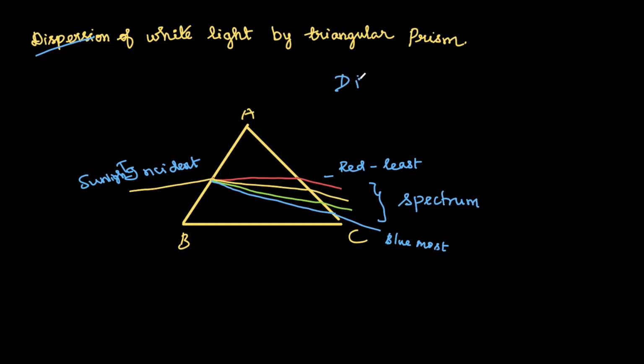So this is dispersion. You can remember the arrangement of colors with the clue word VIBGYOR. These seven colors are formed. That seven-band of color is called the spectrum. This process of splitting the sunlight into seven colors is dispersion.